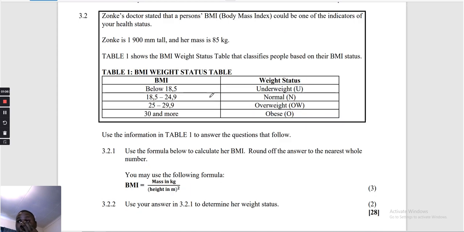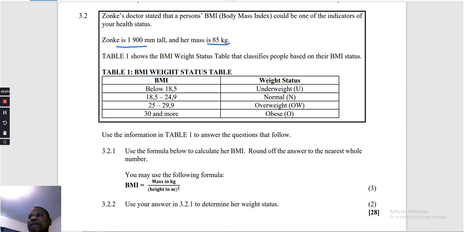We have 3.2. They say, Zonke's doctors state that a person's BMI, body mass index, could be one of the indicators of your health status. We are told that Zonke is 1,900 millimeter tall, and her mass is 85 kilogram.